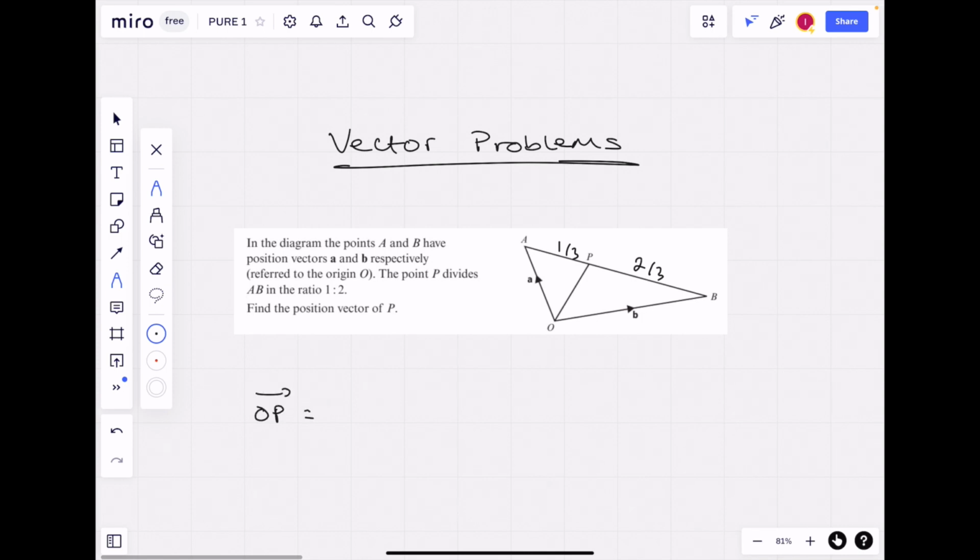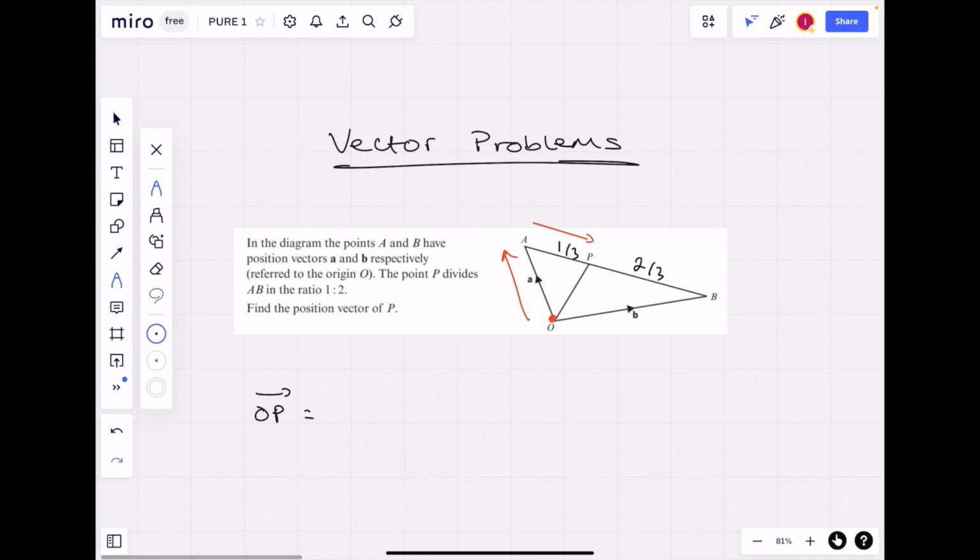In order to work out OP, we can go from O to A and then A to P. A to P is how much of AB? A third.